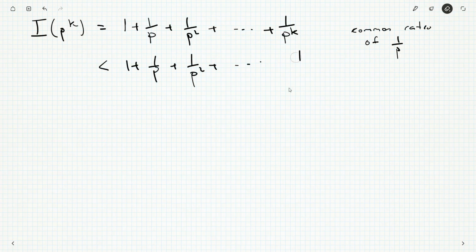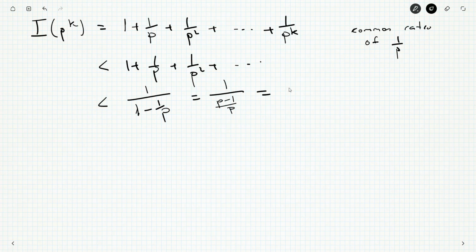Just keep going. The infinite sum has a formula, 1 over 1 minus 1 over p, which in this case is equal to 1 over p minus 1 over p. So this is p over p minus 1.